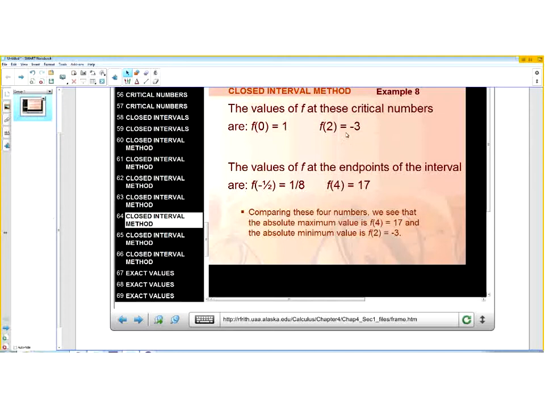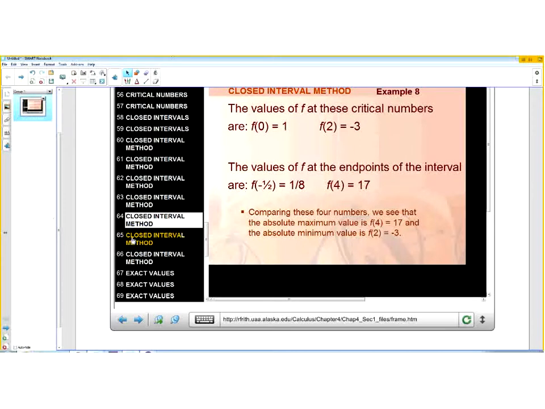So this is called the closed interval method, right here. Closed interval method for deriving these extreme points on the graph of the function. You could have used the closed interval method for your first project, for instance, had you known about it.